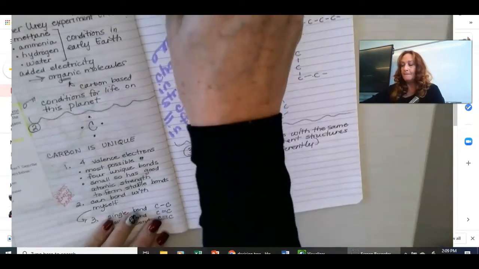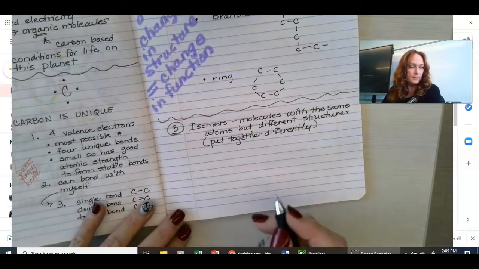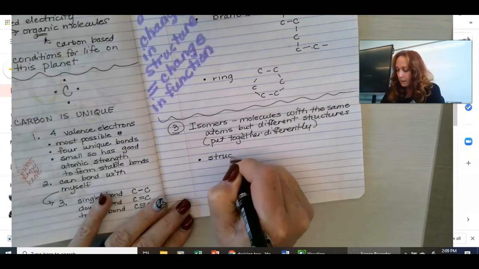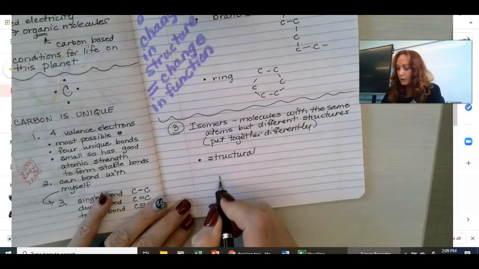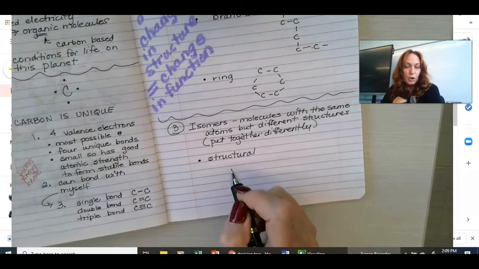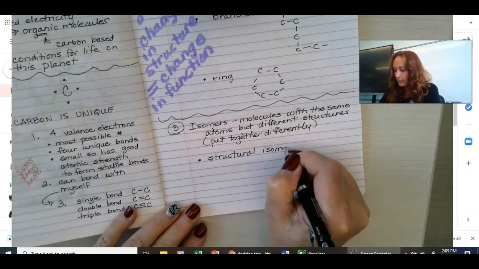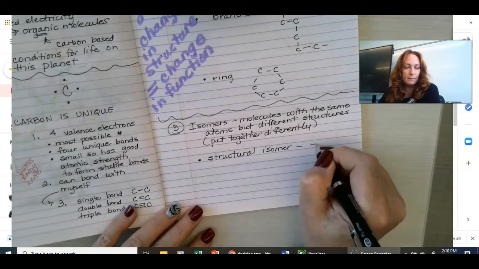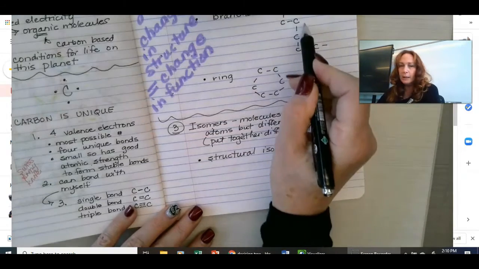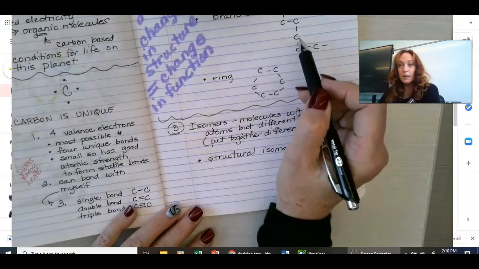Okay? So let's talk about the names of these, because they gave us some specific ones. The first one is where the difference in the way you're put together is structural. That's what I just described. So let's come over here, structural isomer. This is going to be exploiting what carbon can do: hey, I can be straight, I can be branched, I can be a ring.